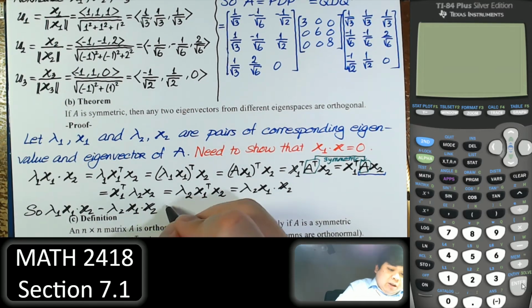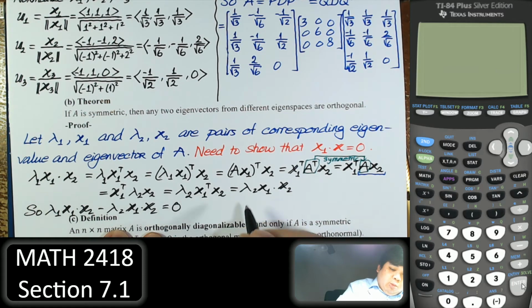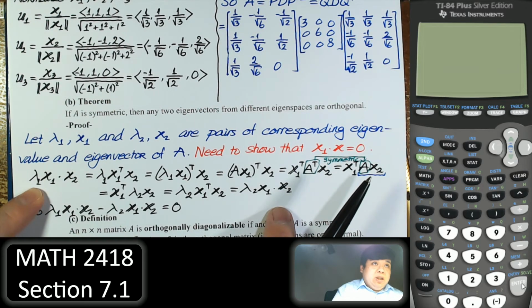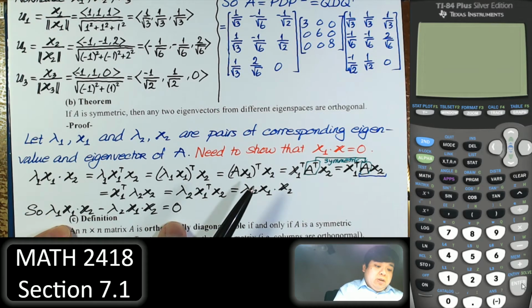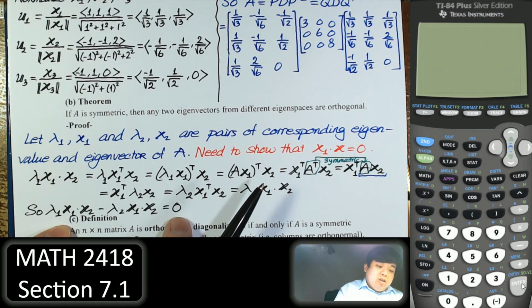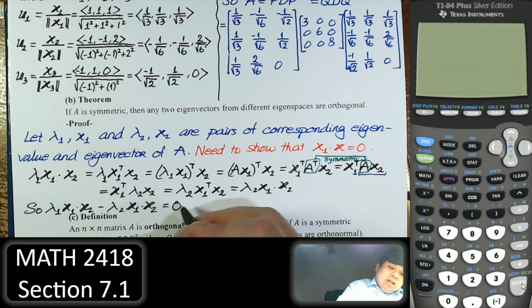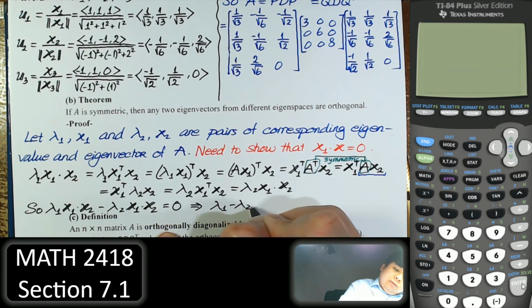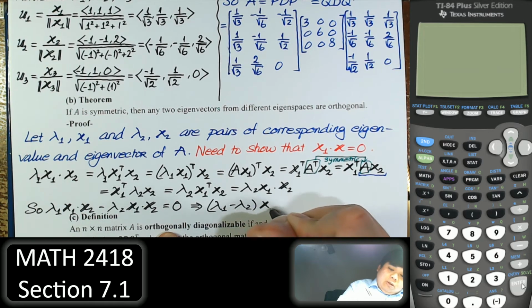The difference will be equal to 0, a number, not a 0 vector. Now factor out the lambda 1 and lambda 2. We have x1 dot x2 equal to 0.